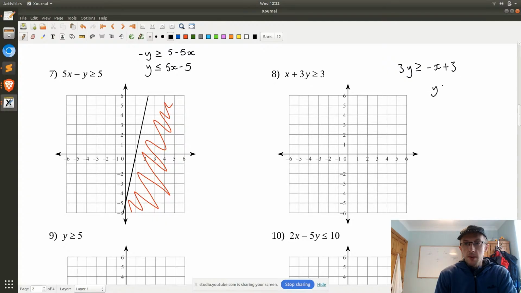Problem 8. Divide both sides by 3. So negative a third of x plus 1.